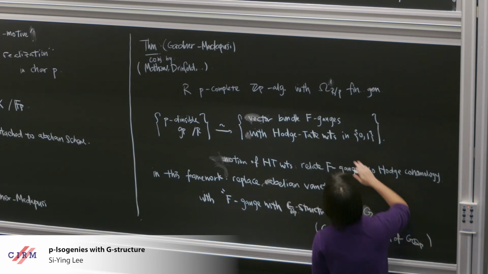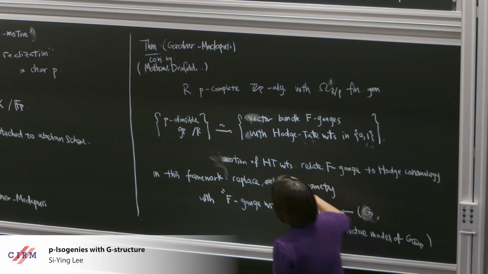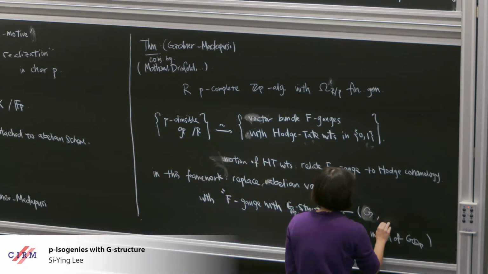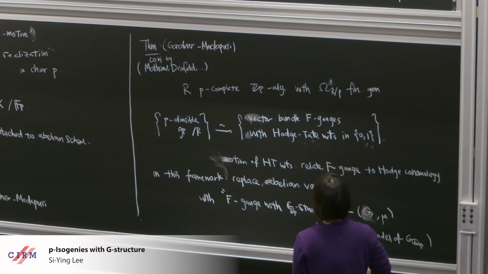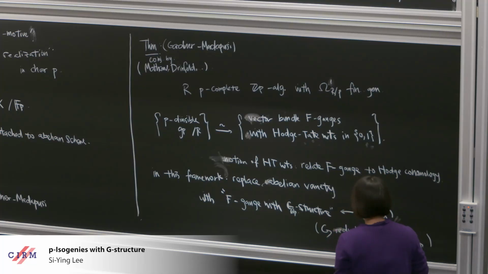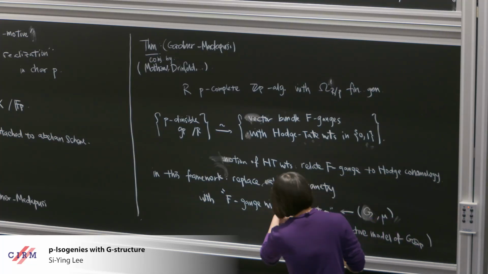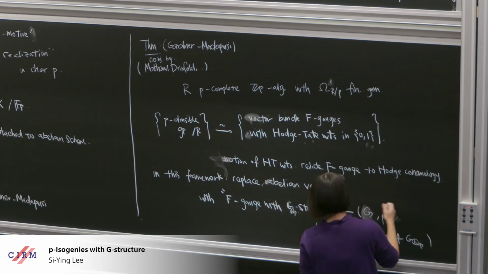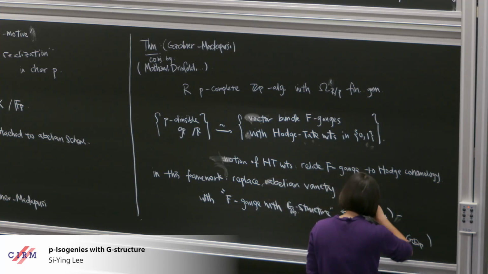And there's some prescription on what the weights should be. The weights should of course be given by the Hodge cocharacter, the same mu that you see up there, but also extended integrally. So I need this kind of integral data, both of which are over Z_p. And if I have both of this data, then what I'm replacing the F-gauge with G-structure with is what in the paper of Gardner and Madapusi they call a (G, mu)-aperture.